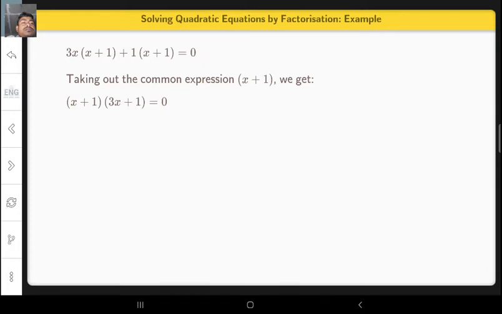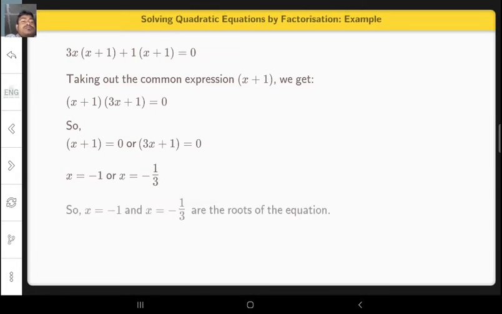On putting the factors equal to 0, we get x plus 1 is equal to 0 or 3x plus 1 is equal to 0. Thus, x is equal to -1 or x is equal to -1 by 3. So, x is equal to -1 and x is equal to -1 by 3 are the roots of the equation.